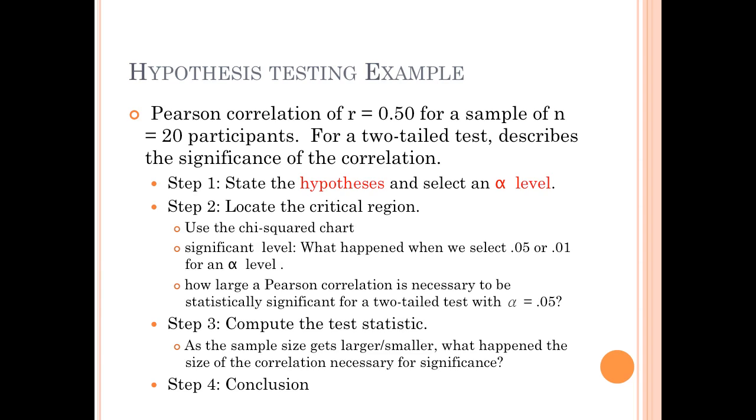As sample size gets larger, what happens to the size of the correlation necessary for significance? So as sample size gets larger, you can look at your table again. You just increase your degrees of freedom, right? That would be increasing your sample size.